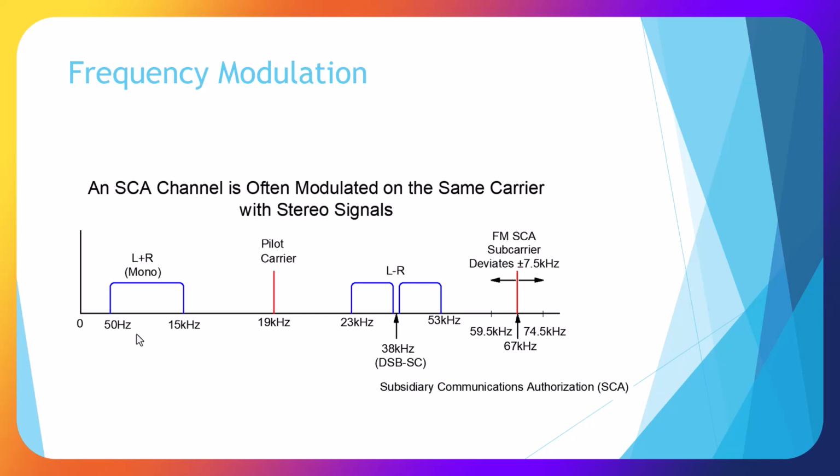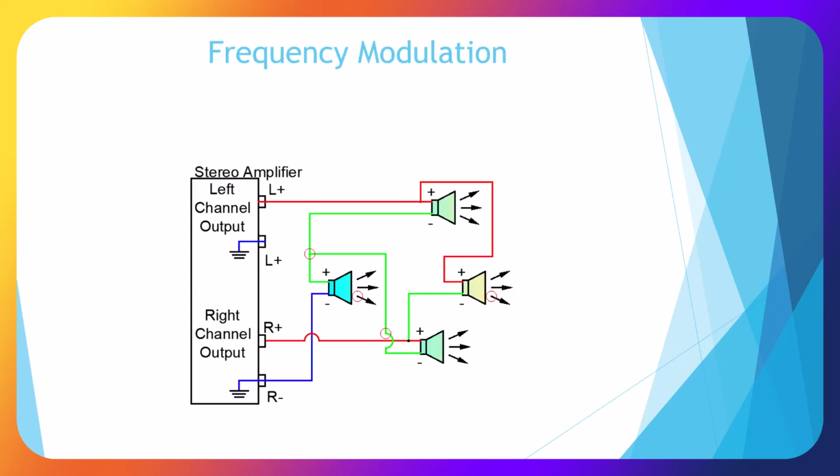Here's our standard audio, our pilot carrier, our stereo signal, and then way out over here is our FM SCA subcarrier at 67 kilohertz, and it goes between 59.5 and 74.5 kilohertz.